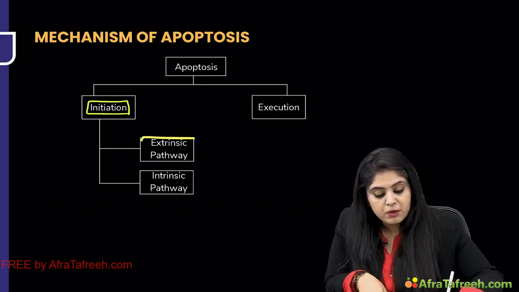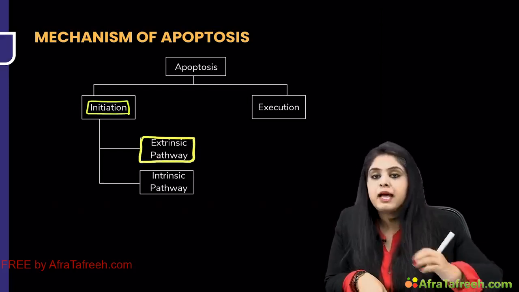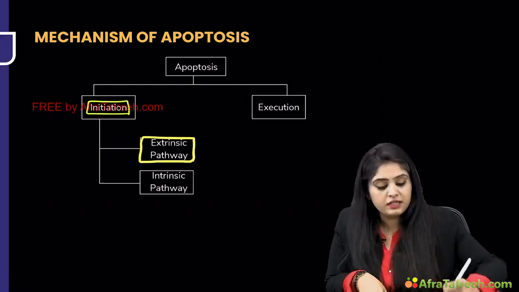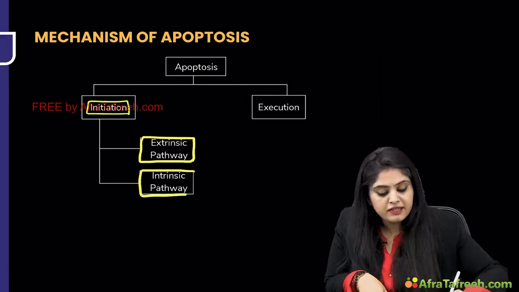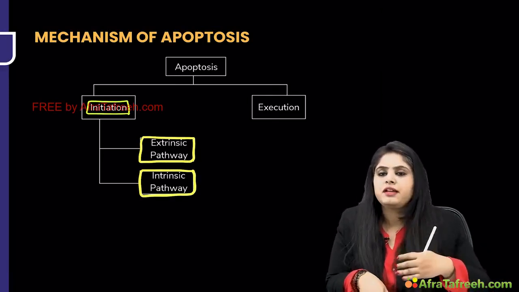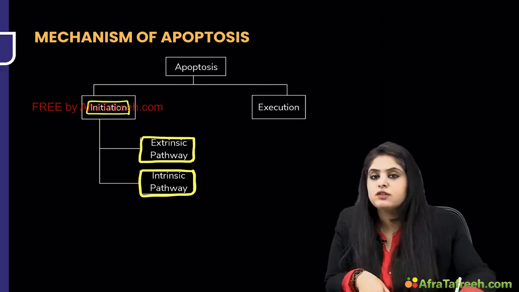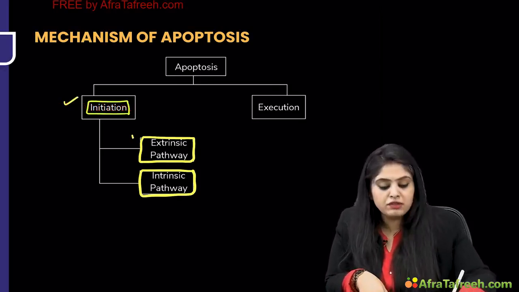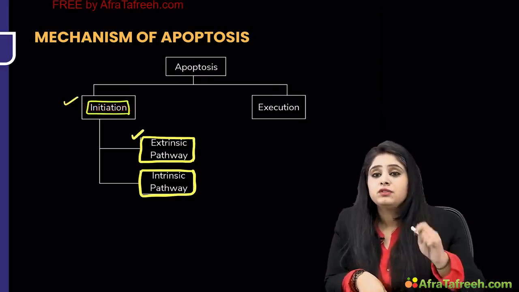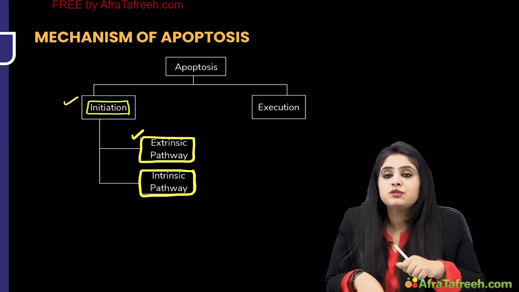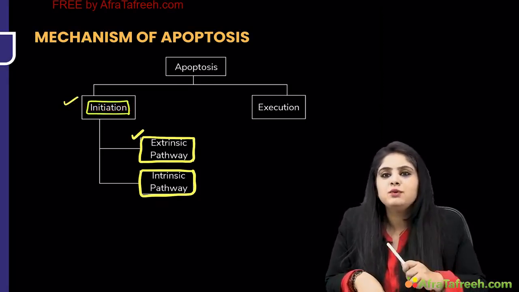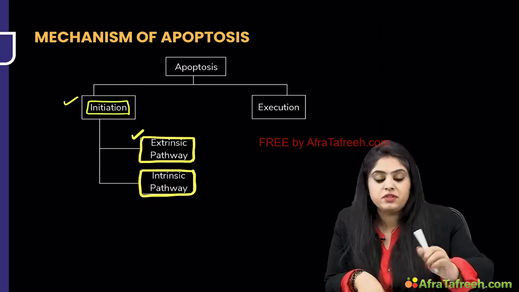Same way, to start apoptosis, there are two pathways. The pathway happening outside the cell, extrinsic, and the pathway happening inside the cell, that is intrinsic. I'll give you your example. Initiation, you want to start your studies. Why will you start? Because someone from outside is constantly scolding you. Your parents are constantly scolding you that you have to study and when will you clear this exam. So that is outside motivation.